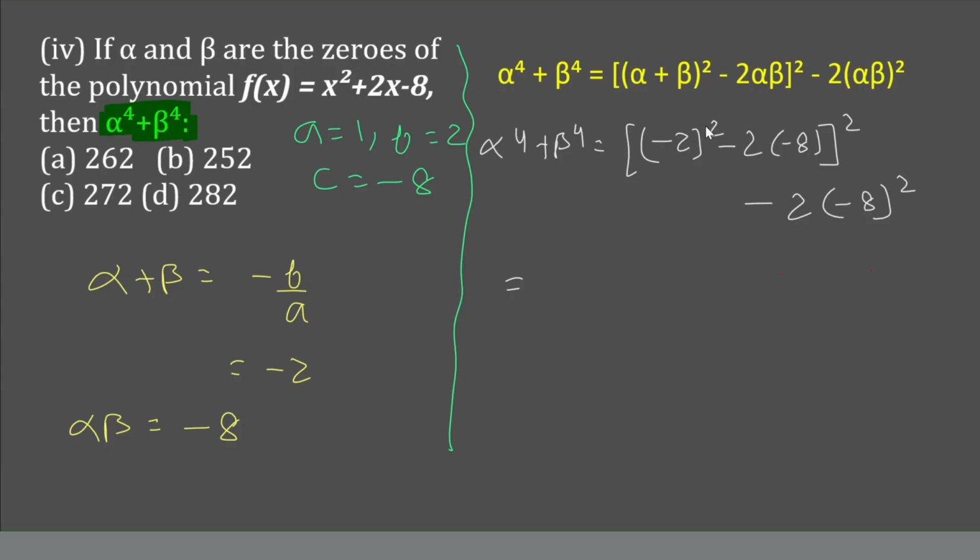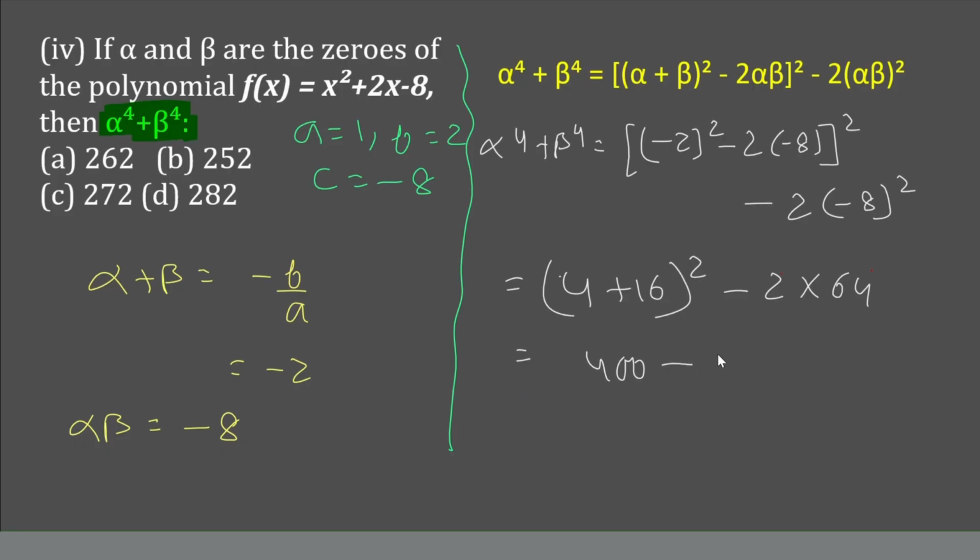Now continue to simplify this. Minus 2 square is 4. This is how much? This should give you positive 16, because minus 2 into minus 8 is positive 16. That raised to the power of this square over here, minus 2 times, and what is minus 8 whole square? That is positive 64. So this is 4 plus 16, which is 20, and 20 square is 400.